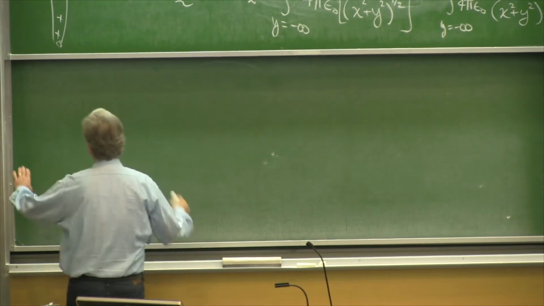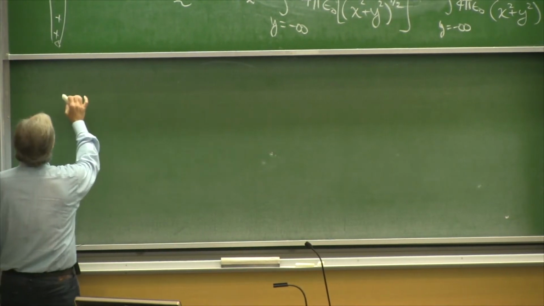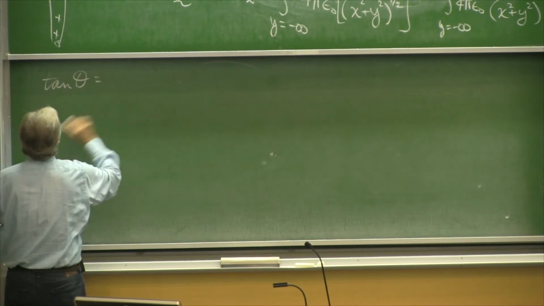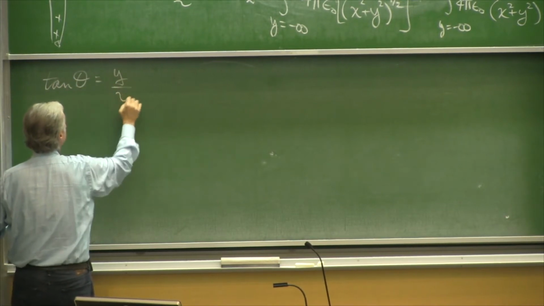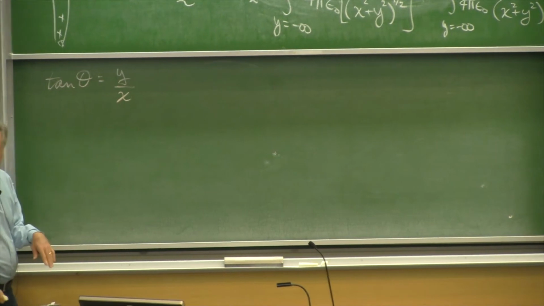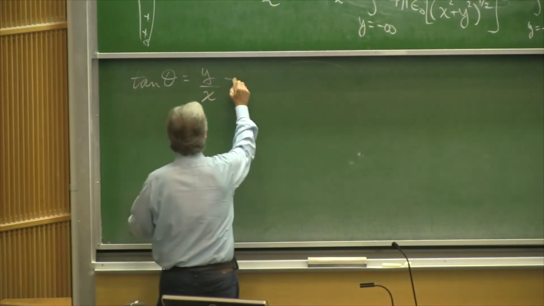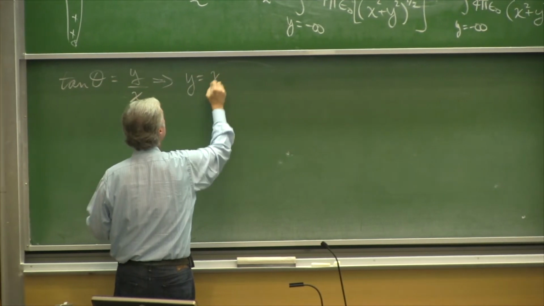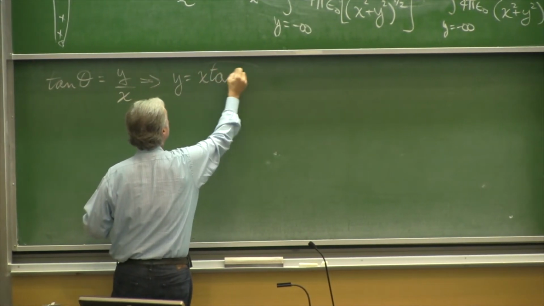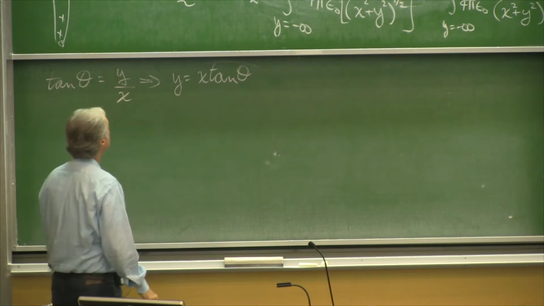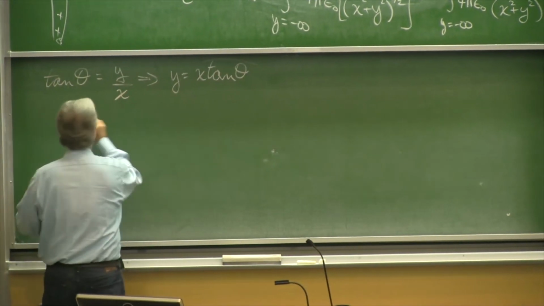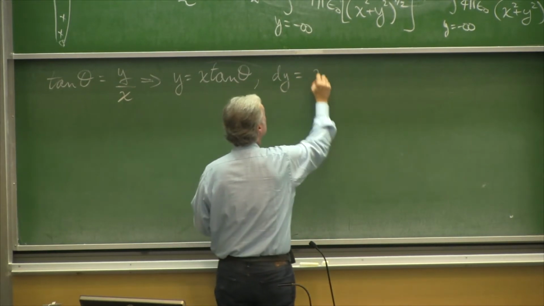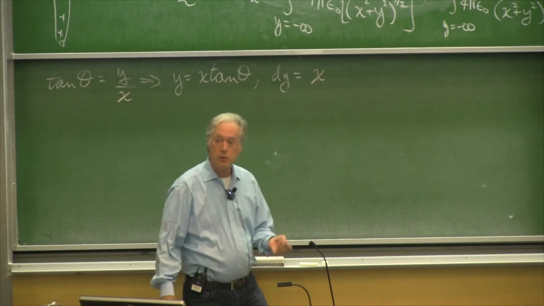Okay, so if we look there, we see that tangent of theta is y over x. Tangent's opposite over adjacent. So that tells me that y is equal to x tan theta, and dy is equal to, what's the derivative of tangent with respect to theta?